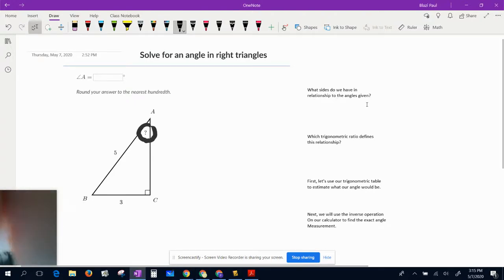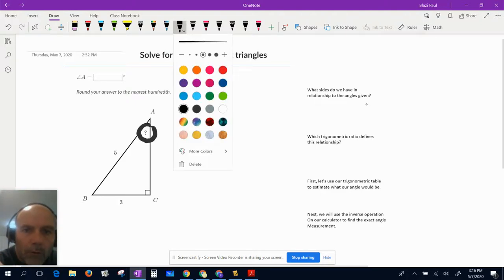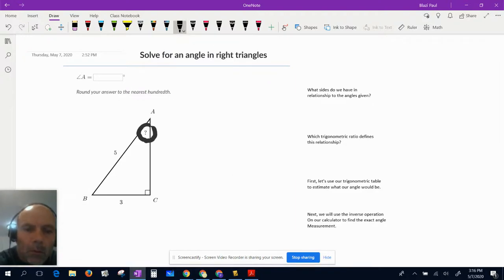All right, so in other words, what are the sides we have here? Well, we can see it gives us this side, which is 3, and this side, which is 5. So we need to know what sides these are. In relation to the angle, this side over here is the opposite.